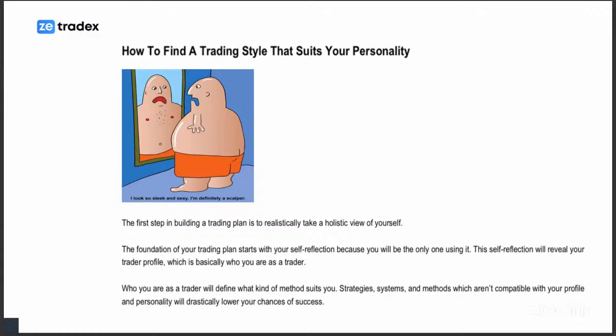Who you are as a trader defines what kind of method suits you. Strategies, systems, and methods which aren't compatible with your profile and personality will drastically lower your chances of success. So you need to find a trading style that suits your personality very much.